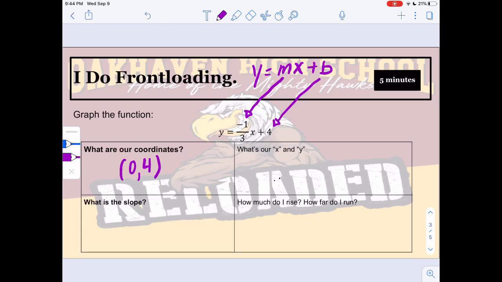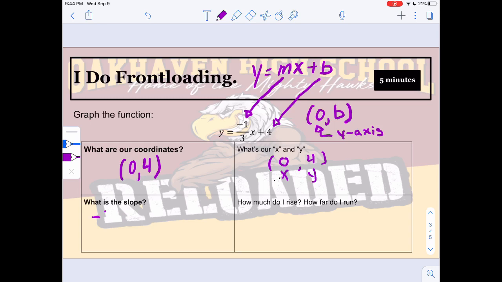The y-intercept is always at 0 because that's the only way that it sits exactly on the y-axis. So make sure you're going to 0 on the x-axis and 4 on the y-axis.